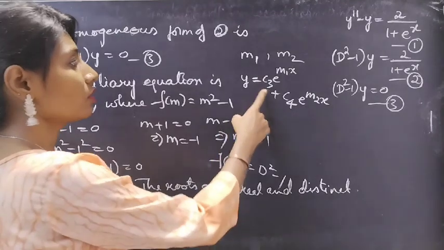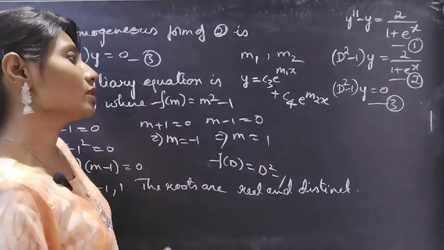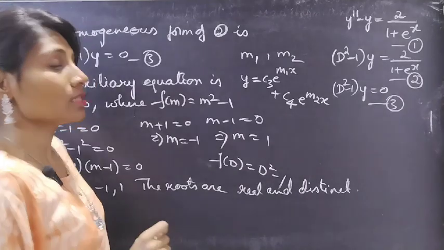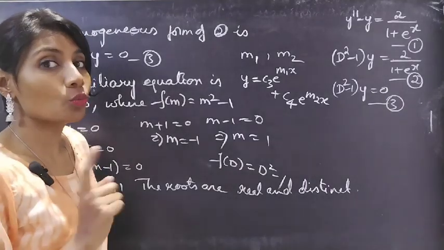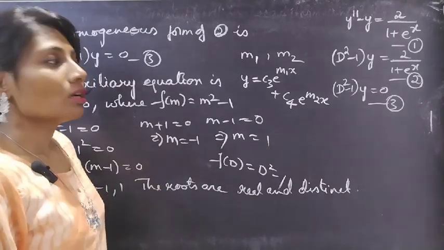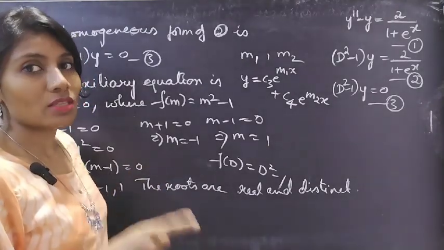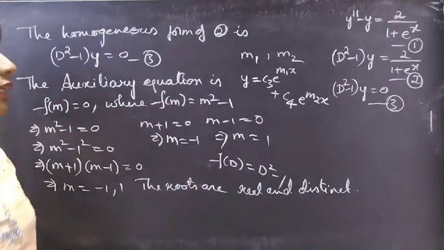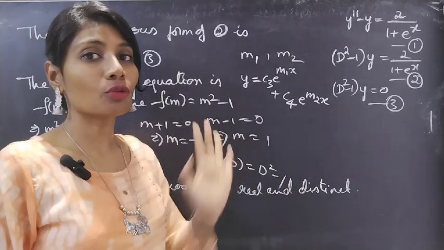Here we are using C3 and C4 instead of C1 and C2 because I wanted C1 and C2 to appear in the last general solution. You can use any constants, a, b, C1, C2 or anything, but here I am going to take C3 and C4.